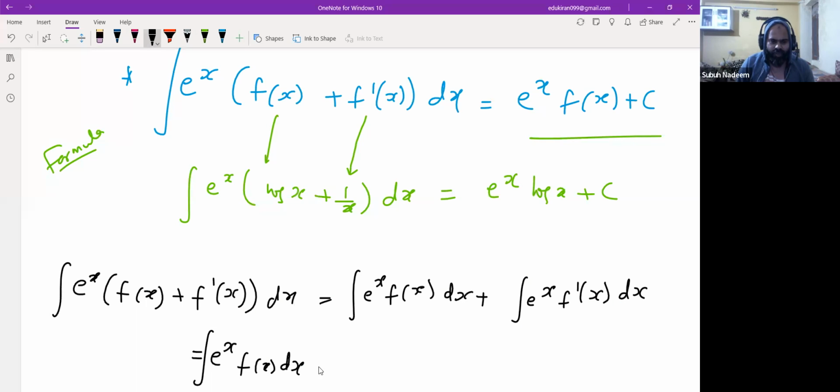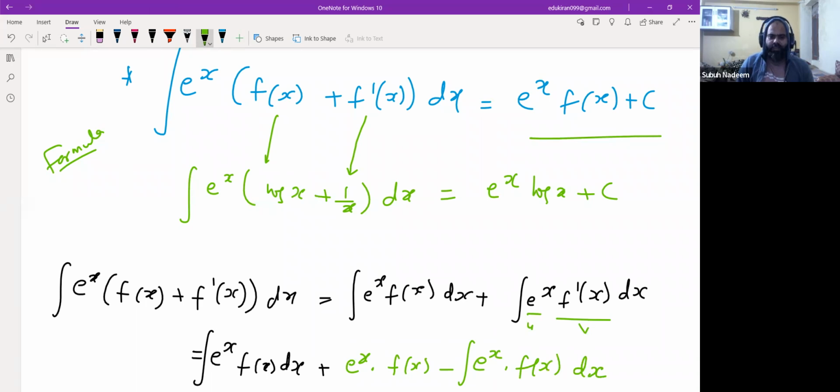The second one, I'm taking it as a product of two functions and applying by parts. This is u, this is v. So first function into integral of f dash x. f dash x is the derivative of fx, so its integral will be fx, minus integral of the derivative of e to the power x, that will be e to the power x, and integral of f dash x will be fx.